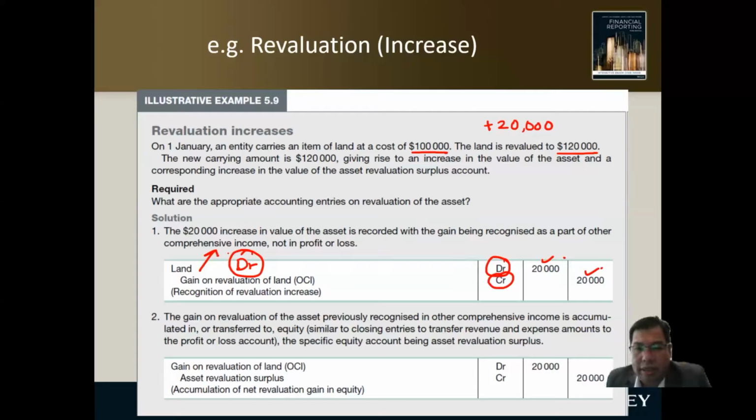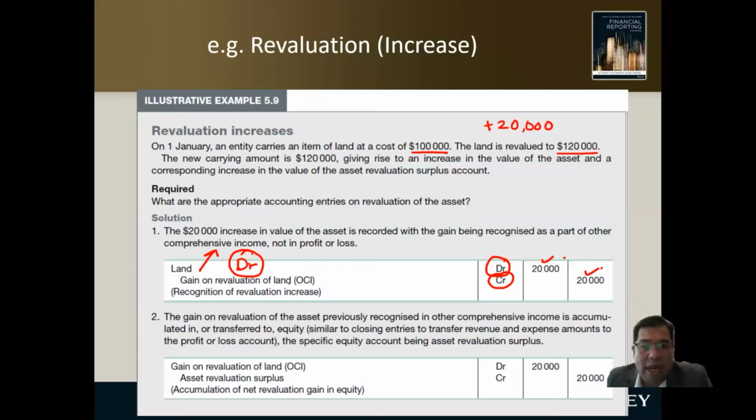Okay, is it okay? So the gain on revaluation of an asset previously recognized in other comprehensive income is accumulated, or transferred, to equity, similar to the closing entry to transfer revenue and expense amounts to the profit and loss, and the specific equity account is asset revaluation surplus.